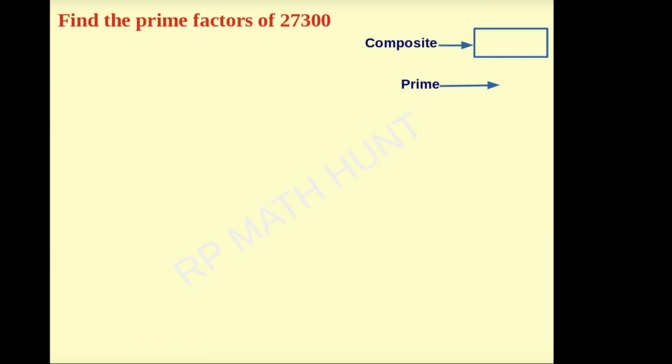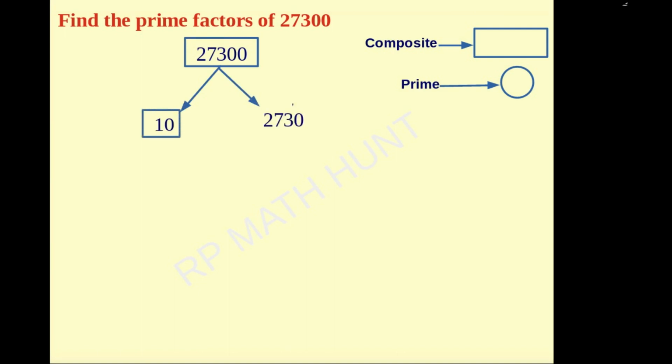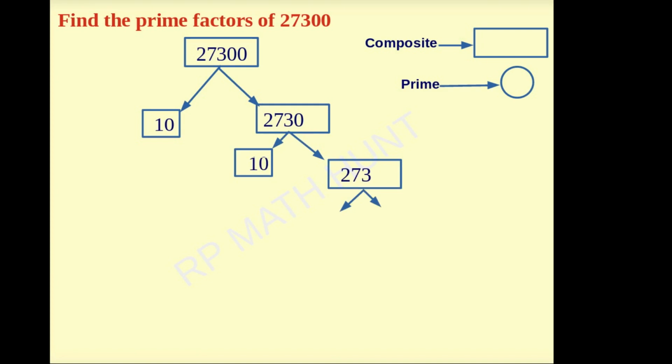Now the prime factors of 27,300. I am representing composite numbers with rectangles and prime numbers with circles. See, it is factorized into 10 and 2730. Again, 10 is also composite and 2730 is also composite. This 2730 can be factorized again into 10 into 273. Again, 273 is divisible by 3, giving 3 into 91.